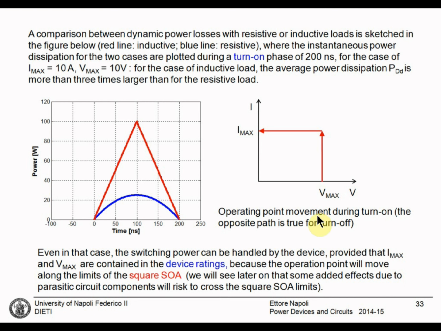We are moving vertically through the plane. When the current reaches its maximum, at the point of maximum power dissipation, the current remains constant and the voltage decreases. We are moving with this square path on the plane. For a resistive load, we would have moved like this, with a straight line between the Vmax and Imax points.